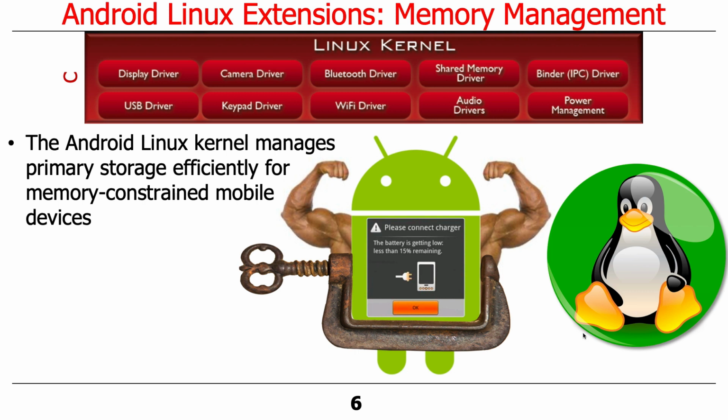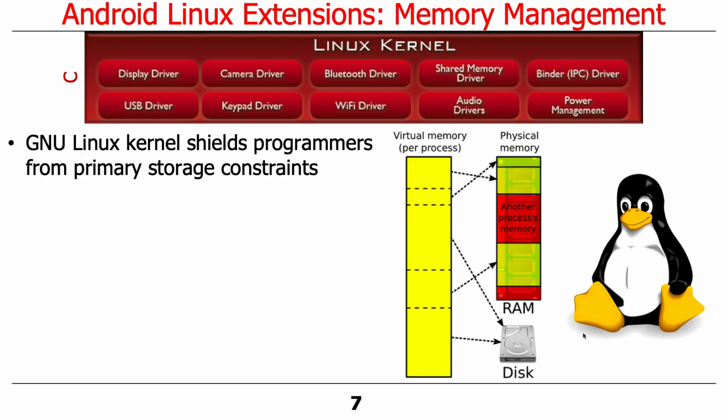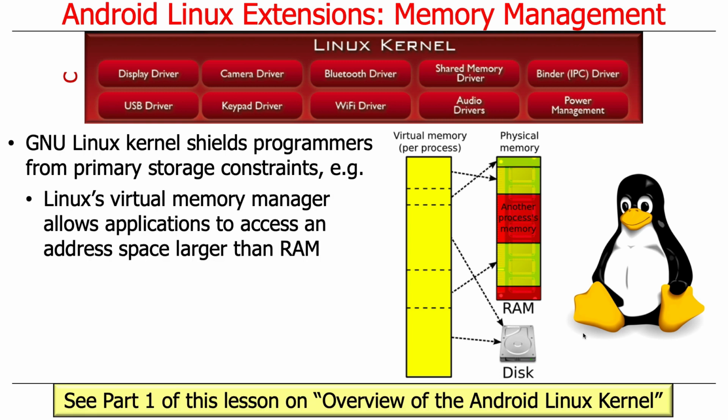So we talked before about how Android Linux leverages the device memory management capabilities that Linux gives you, but it tries to go above and beyond them to make it optimized more for mobile devices. So the GNU Linux kernel, the one that started out with, shields programmers from constraints of primary storage, where you don't have as much RAM as you do flash, by using essentially paging.